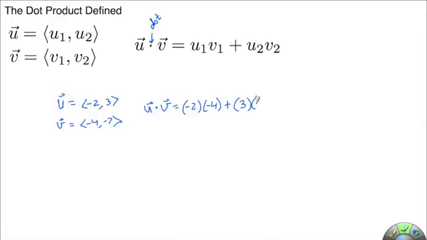Not many people have a problem with dot products. They're pretty simplistic, but their interpretation is a little interesting. So here we have +8 minus 21, so u dot v is going to equal -13.